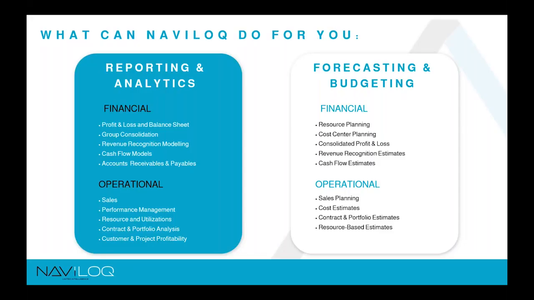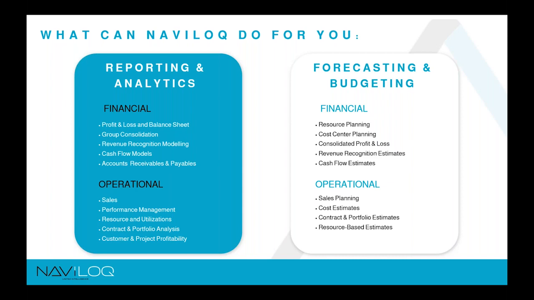And in practice, these are just a few examples of what we are able to do for you, both in the fields of reporting and analytics and forecasting and budgeting, and divided both into the financial and operational space.